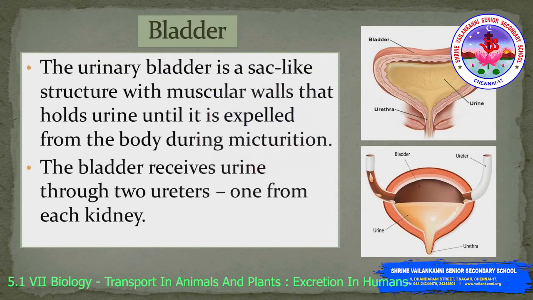The bladder. The urinary bladder is a sac-like structure with muscular walls that holds the urine until it is expelled from the body during micturition. The bladder receives urine through two ureters, one from each kidney.